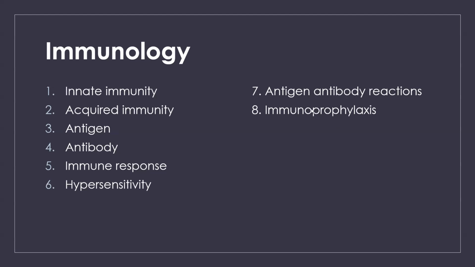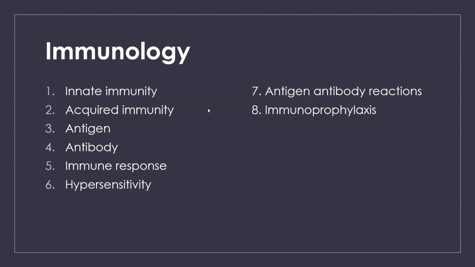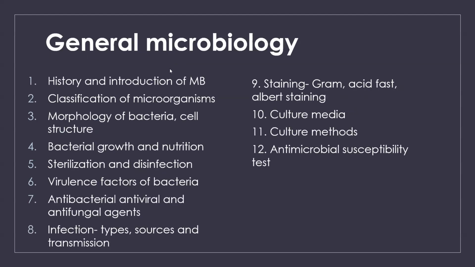So even though these topics are not mentioned in your syllabus copy, you should read. If you understand general microbiology and immunology, automatically you will understand bacteriology, virology, and parasitology. Out of 40 marks, you will be getting almost 20 to 25 marks from general microbiology and immunology.